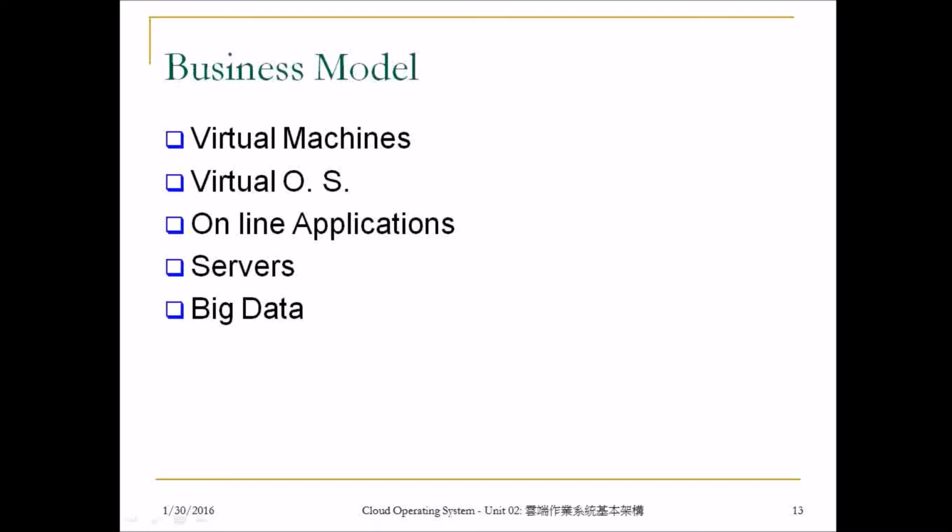A client user only needs to give the requirement or choose the computing resource it needs. Then the cloud operating system or cloud platform can provide the on-demand required virtual machine for our client user based on network.